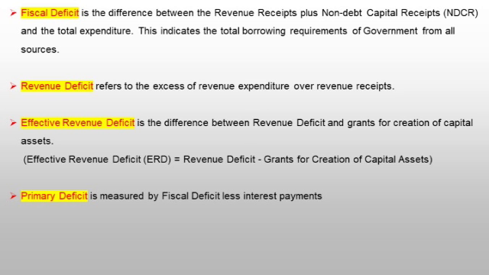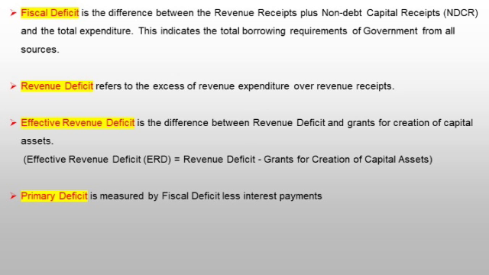This indicates the total borrowing requirements of the government. So out of your total expenditure, you remove revenue receipts, both tax and non-tax, and non-debt capital receipts. So the fiscal deficit will give the idea of government borrowings from all sources.